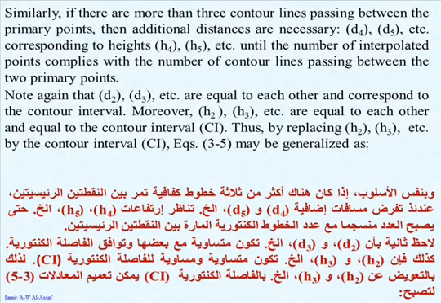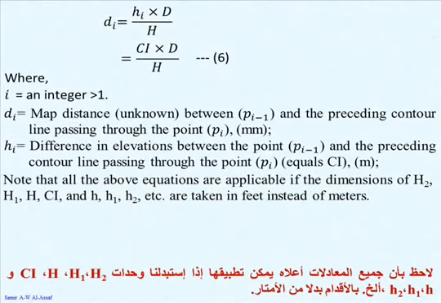Thus, by replacing small h sub 2, small h sub 3, etc. by the contour interval, equations 3 to 5 may be generalized as small d sub i equals small h sub i times capital D over capital H, which is equal to the contour interval times capital D over capital H, where small i is an integer greater than 1.